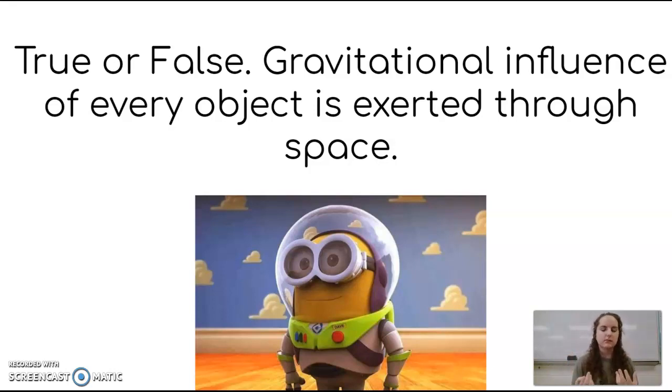So we find the mass of the Sun, we find the mass of Earth, and then we find the distance between the Sun's center of mass and the Earth's center of mass, and then we use G, this universal gravitational constant. It just tells us how strong gravity is. Again, it's 6.67 times 10 to the negative 11th newton meters squared over kilograms squared. So it's really, really small.